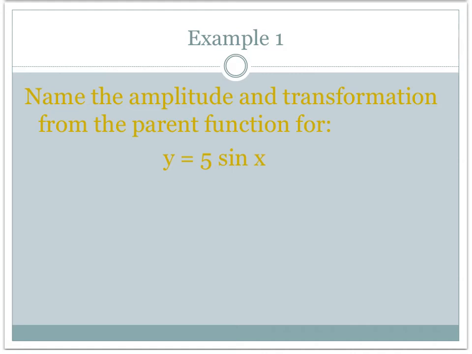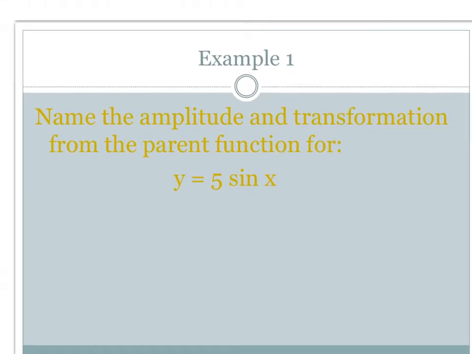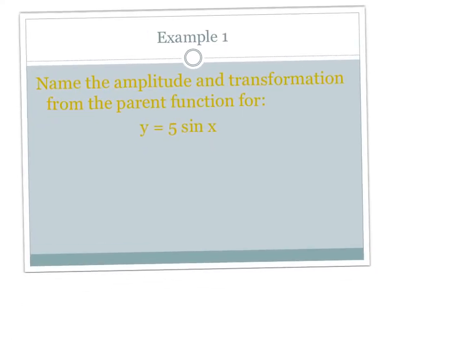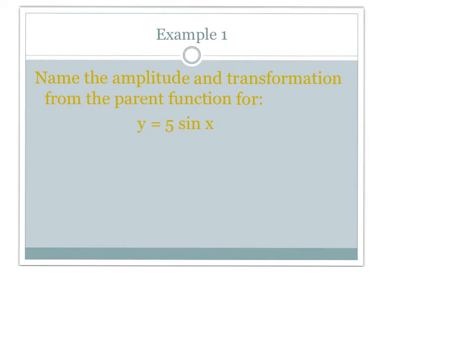Okay, so we're going to go through about 3 different examples here where we're going to name the amplitude and transformation from the parent function. One of the things that I talked about is that we have our standard format, and if it's cosine or tangent, it's going to be the same thing.